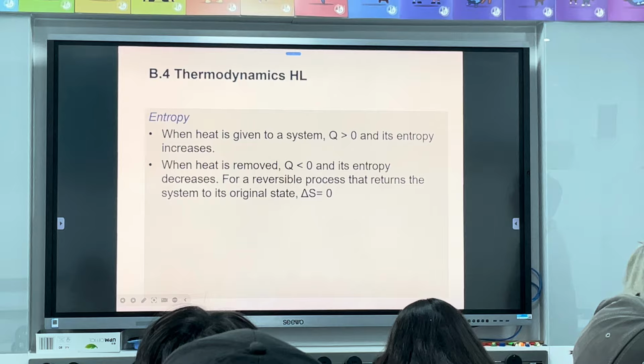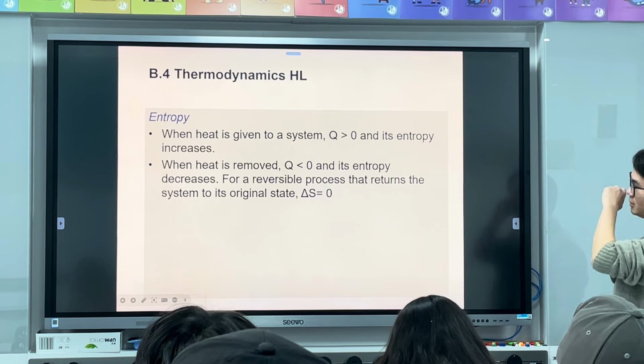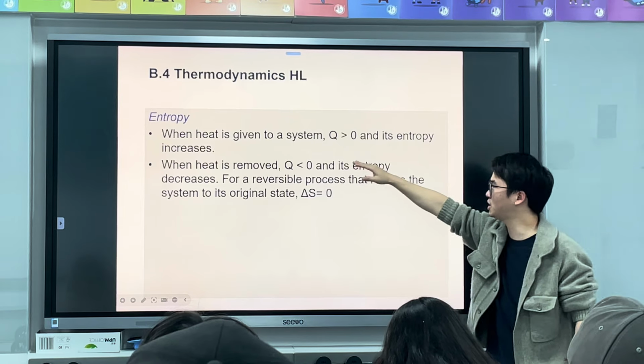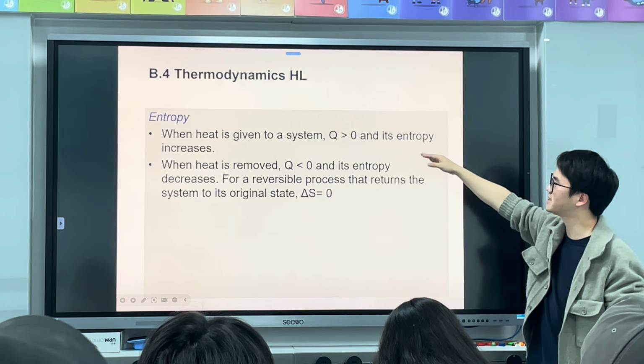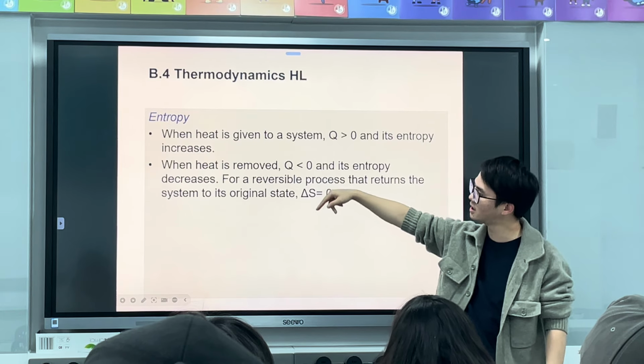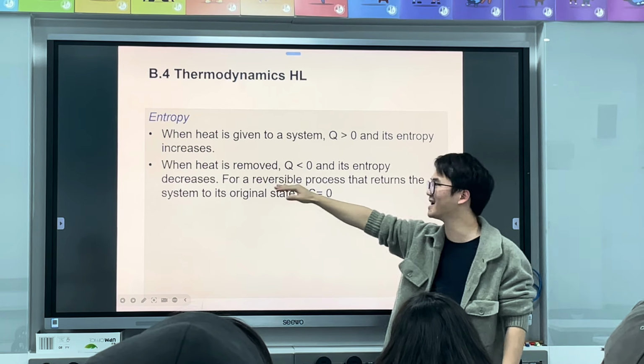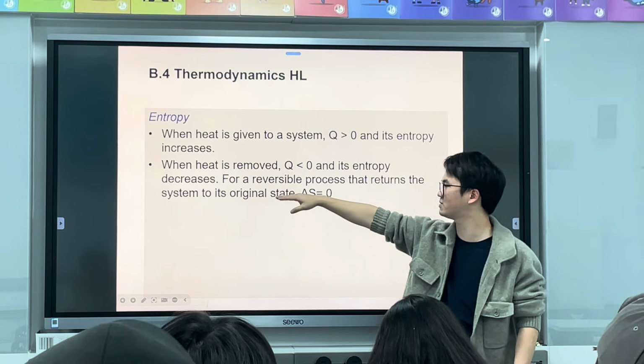Okay, so here, let's keep looking. When heat is given to a system, Q is positive, and its entropy will increase. When heat is removed, Q is negative, and its entropy will decrease.